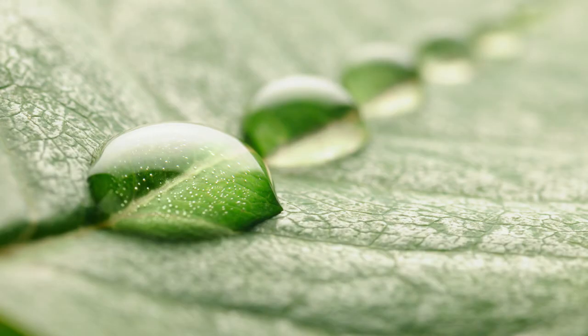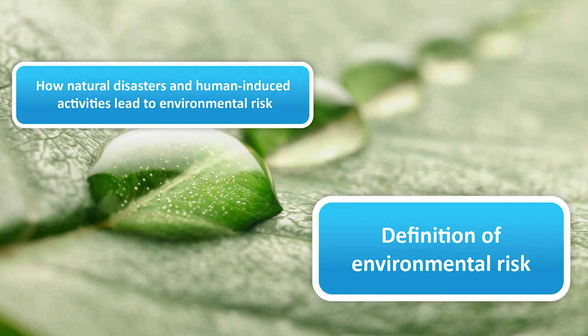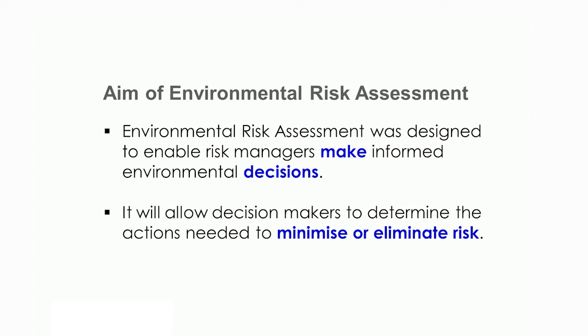By now, we have already understood the definition of environmental risk and the relationship between natural disasters and human-induced activities to environmental risk. Let us move into the process of conducting environmental risk assessment. But before that, let me explain the aim of environmental risk assessment.